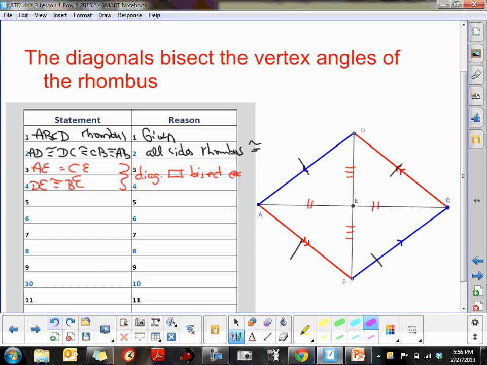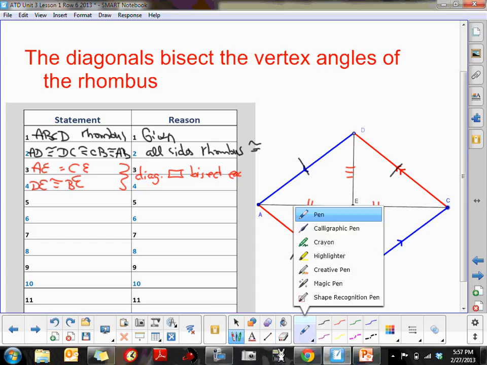So if those are congruent triangles, I can name triangle A, D, E, and I'm going to go with E in the middle every time because that'll make it a little bit simpler. Let me try that again. Okay, let's get a pen.